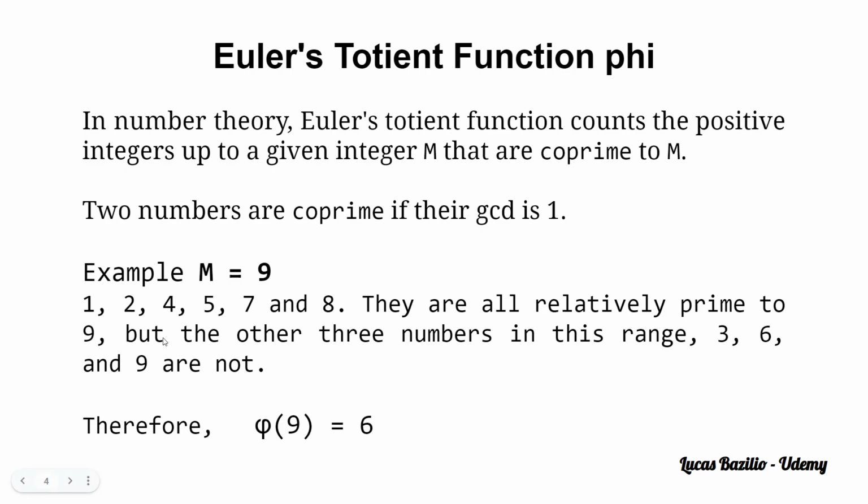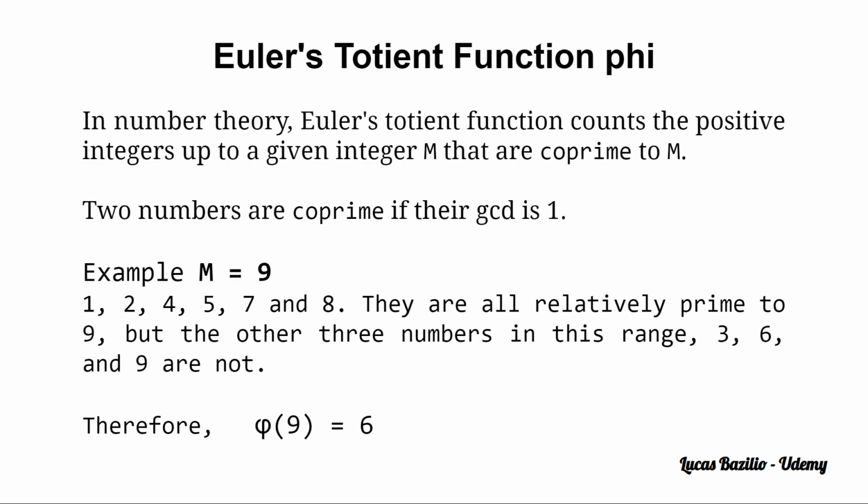The other three numbers in the range from 1 to 9, that is 3, 6, and 9, are not coprime with 9. Why not? Because the greatest common divisor between 3 and 9 is not 1. In fact, it is 3.